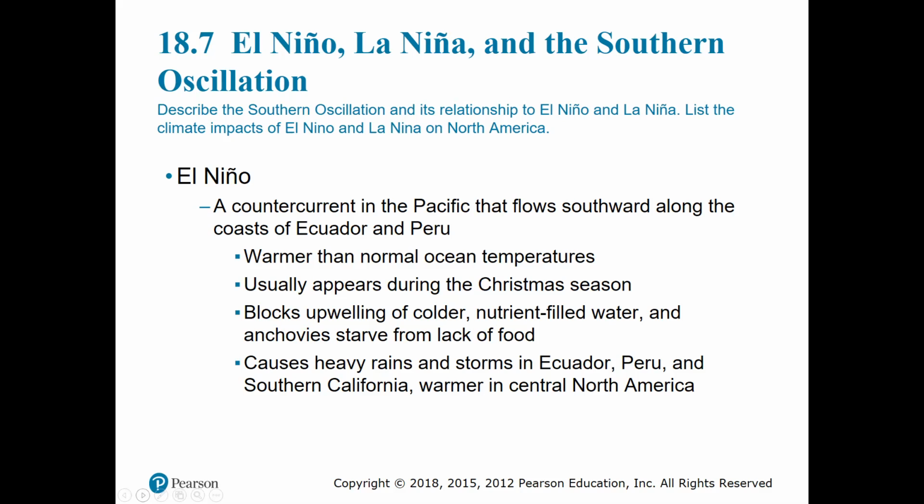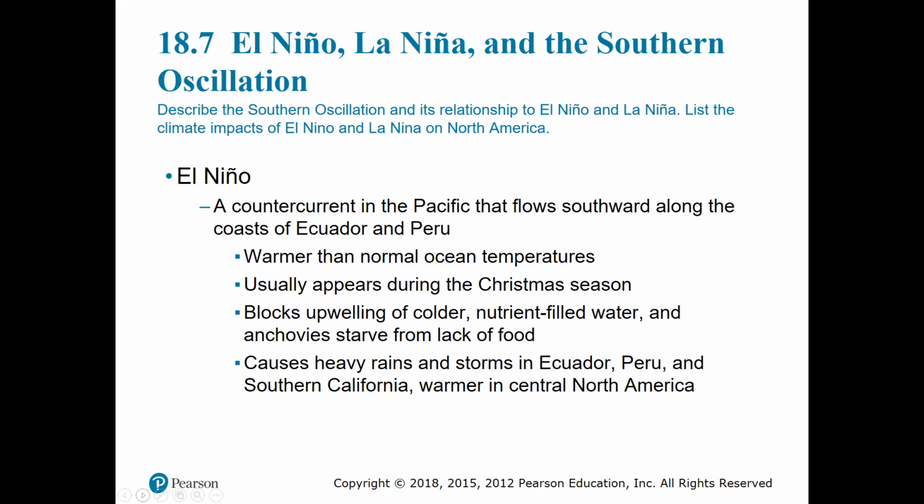Also, the warm water blocks upwelling. Now, when we were talking in our chapters about the ocean, we talked about upwelling, which is when that colder nutrient-filled water was able to come up to the surface due to these currents. Well, in El Nino years, that warmer water blocks those upwelling currents, and this causes the fish in that area, especially anchovies, to starve.